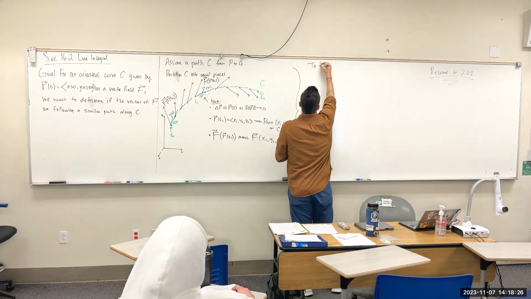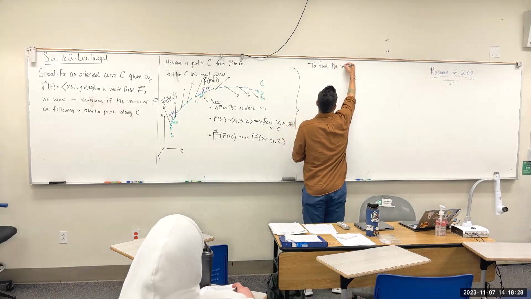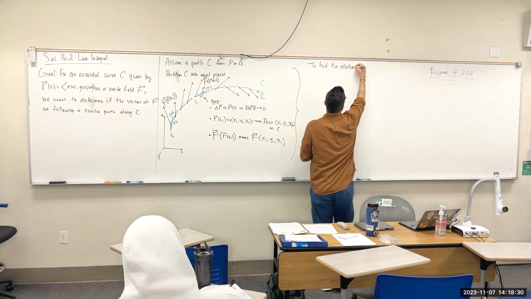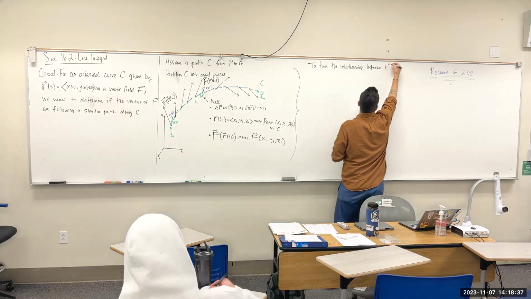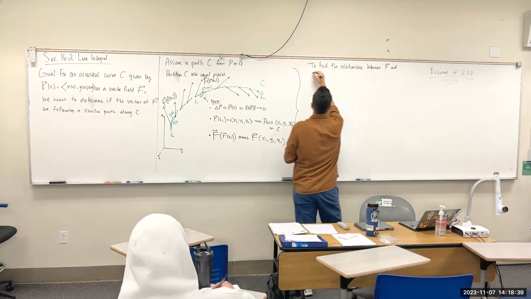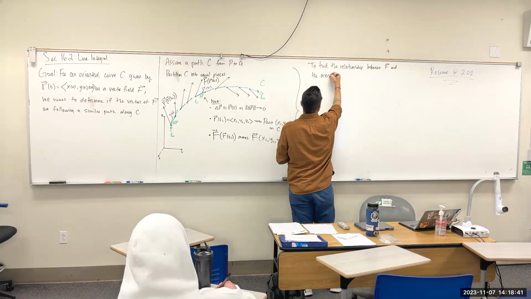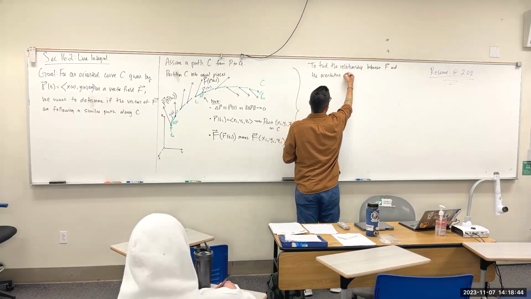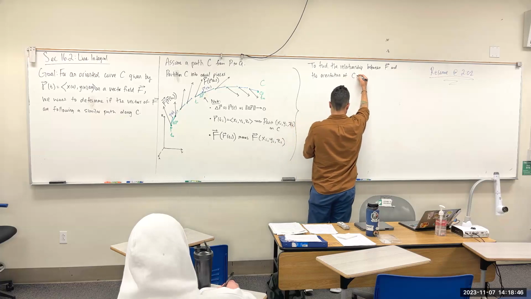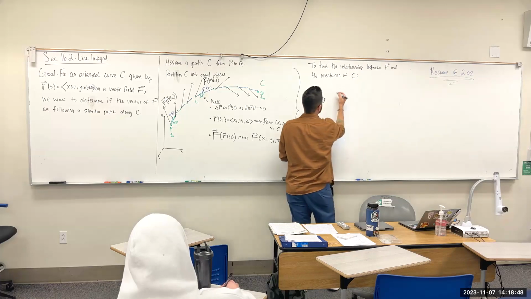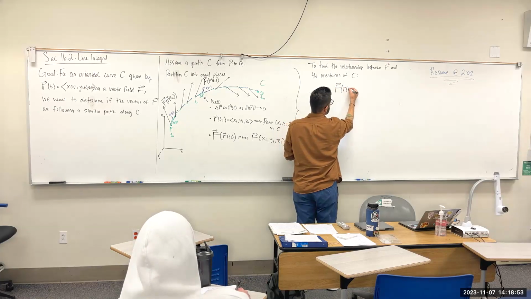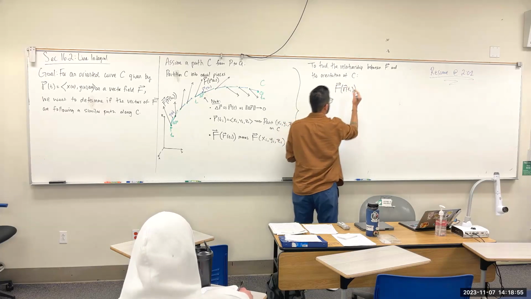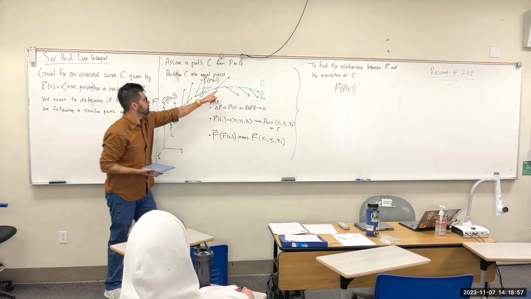So to find the relationship between the vector field and the orientation of C, what we're going to do is take the dot product of all the vectors from the vector field, these big black vectors.